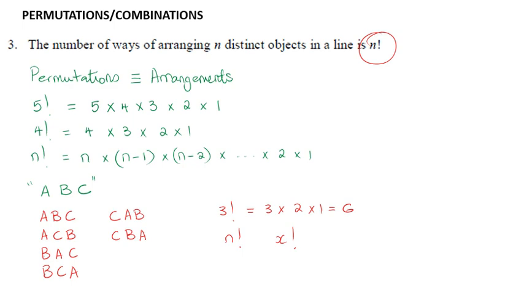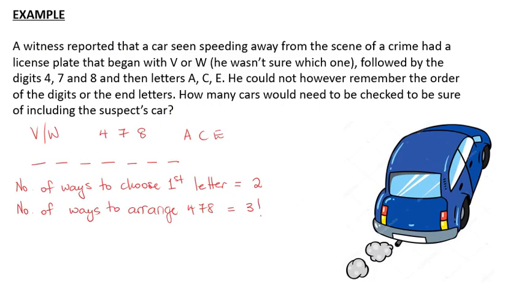So it would be n factorial. So in this case, 3 factorial, right? Because it's 4, 7, 8. 3 objects, 3 numbers. And then lastly, we have the ACE to arrange. And that would be 3 factorial as well. 3 letters, 3 distinct objects, 3 factorial.